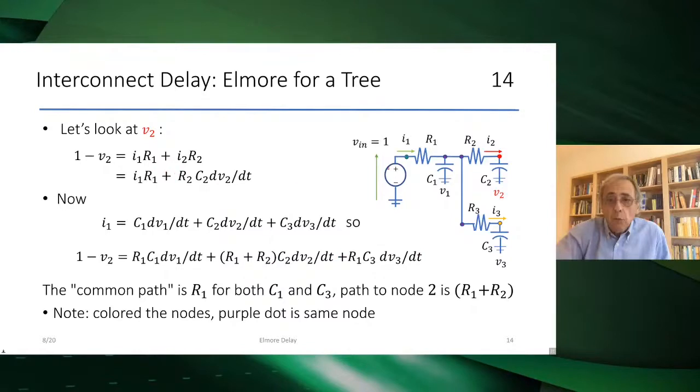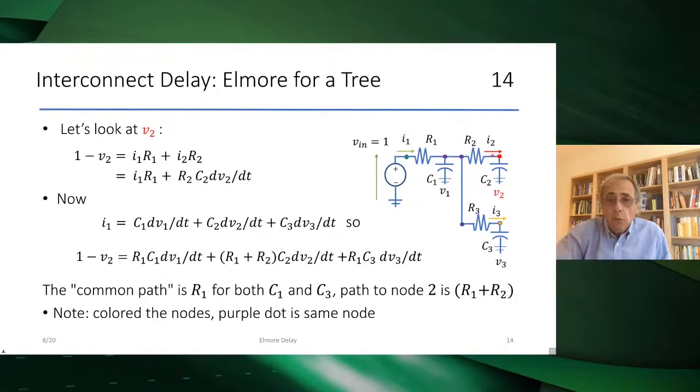For the endpoint, we get the whole path, R1 plus R2. But for these branches, the R3 doesn't count because we multiply by only R1 here. So the intersection between this path and this path is the R1.